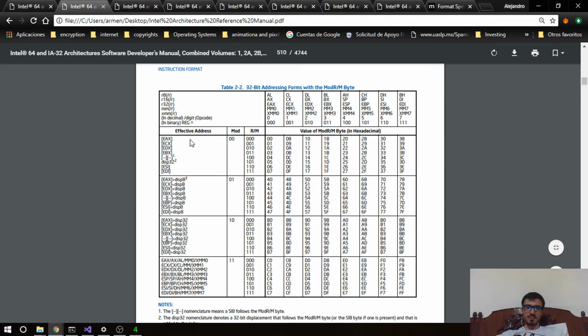But if you think about it, each row here has the same effective address independent of the class of registers.